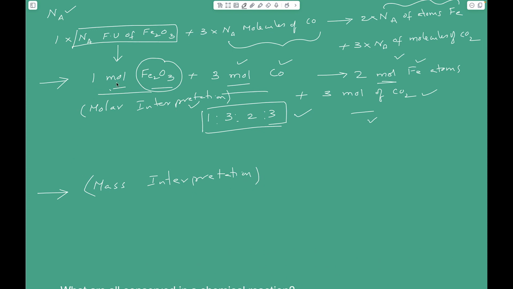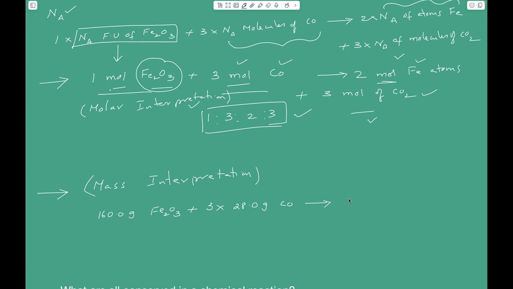Now let us write down the mass interpretation. You know how to figure out the mass of 1 mole of ferric oxide. It comes to be around 160.0 grams. So 160.0 grams of ferric oxide combines with 3 moles of carbon monoxide. So 3 times 1 mole of carbon monoxide weighs approximately 28.0 grams, so 3 times 28.0 grams of carbon monoxide.